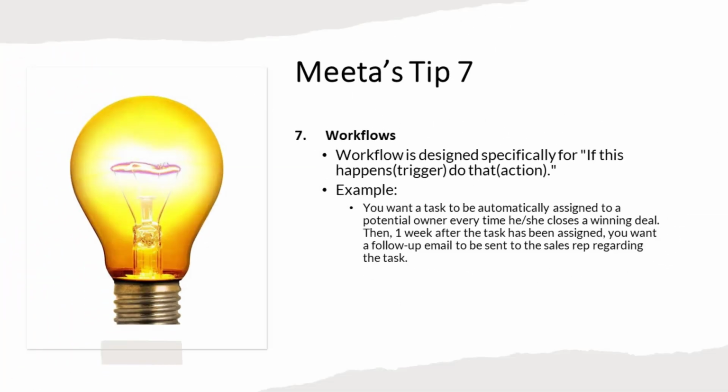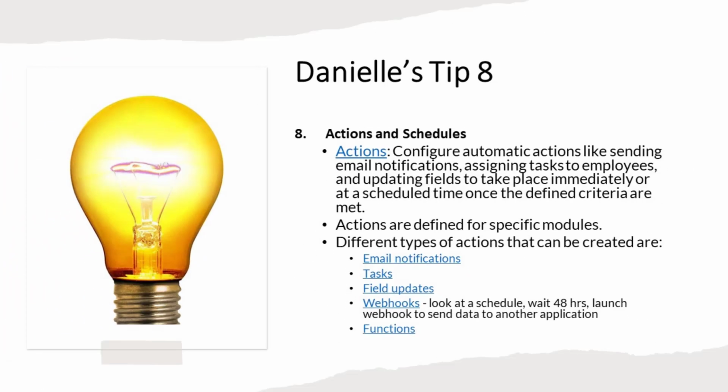One of the things I also want you guys to be aware of is you can bring in actions and schedules into it. And I think, Danielle, you were going to talk about actions because you love all of the actions and scheduling and everything.